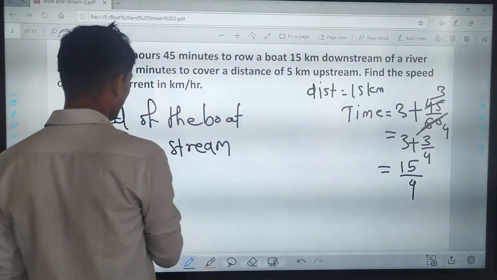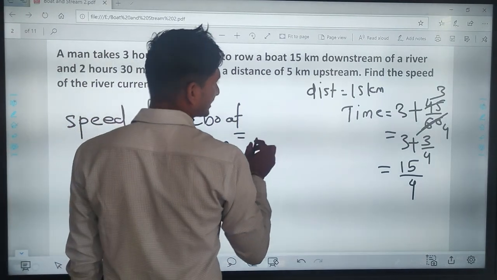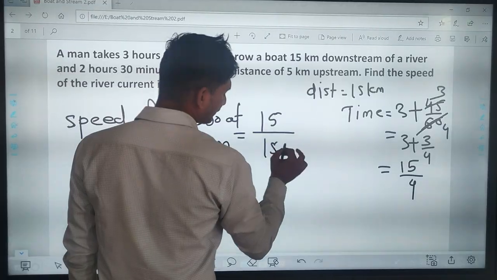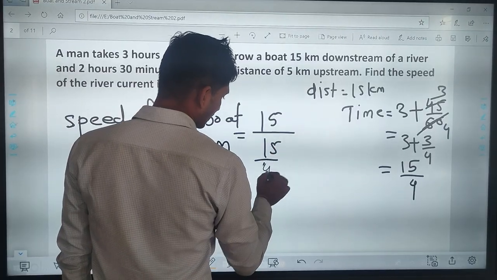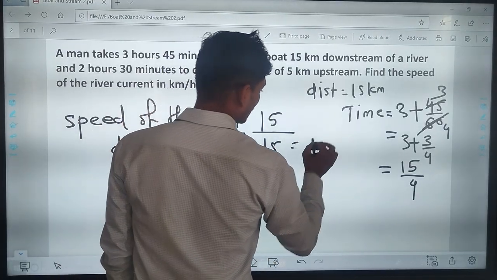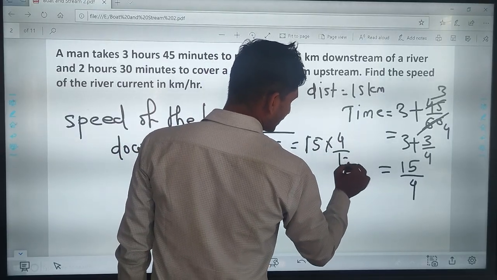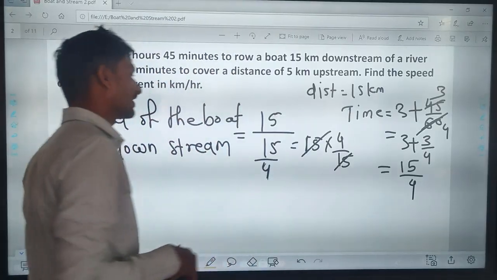Then speed of the boat downstream is equal to distance upon time. Distance is 15 kilometer and time is 15 divided by 4. Here we write 15 into 4 by 15. 15 gets cancelled.